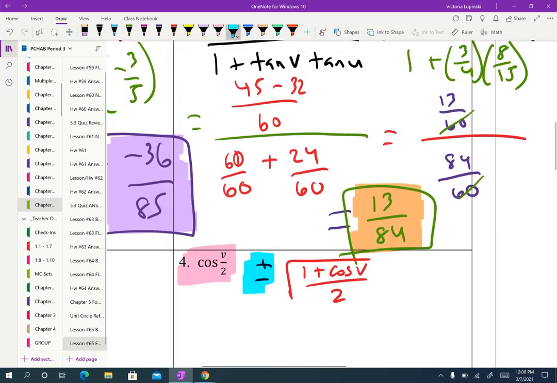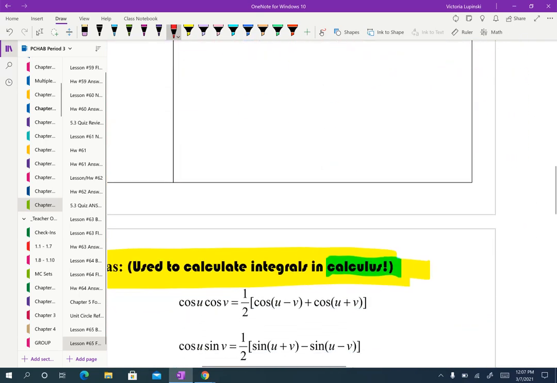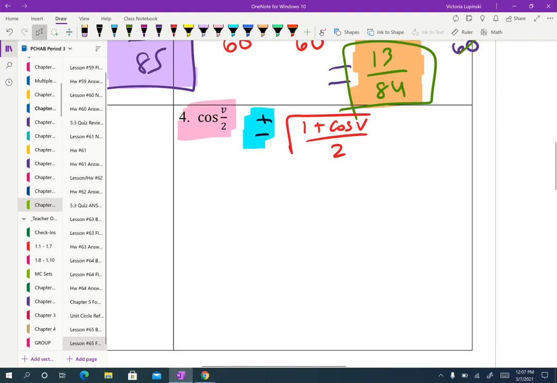So if you go back up and look at the v triangle, notice that the v triangle was in quadrant 3. So that tells me that v has to be between pi and 3 pi over 2.